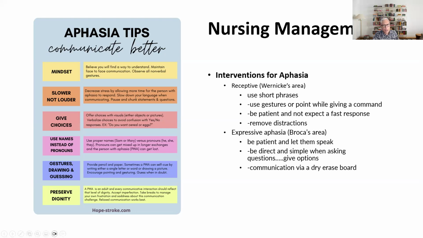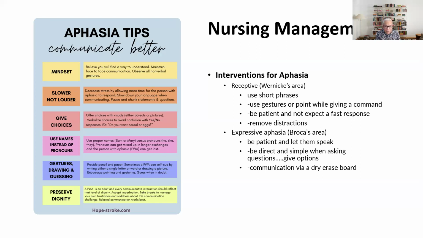Because they're unable to comprehend speech, we want to make sure that we use short phrases. We could use gestures or point while giving a command in order to enhance the communication with the patient. And be patient and not expect a fast response, and obviously remove distractions.